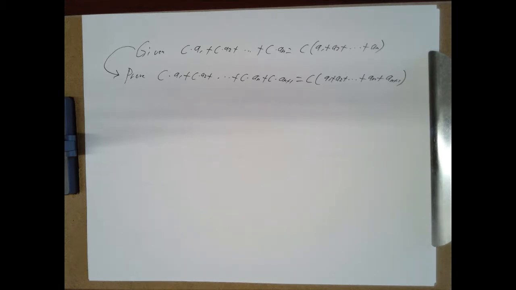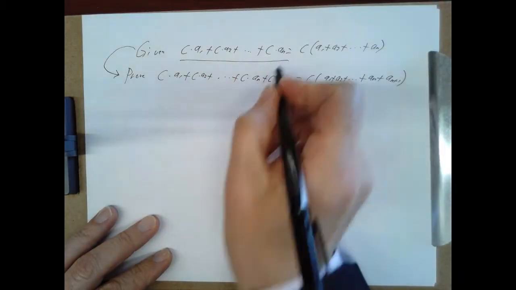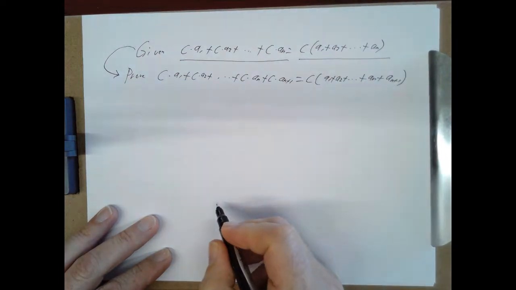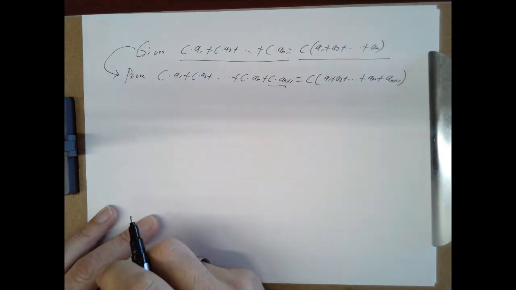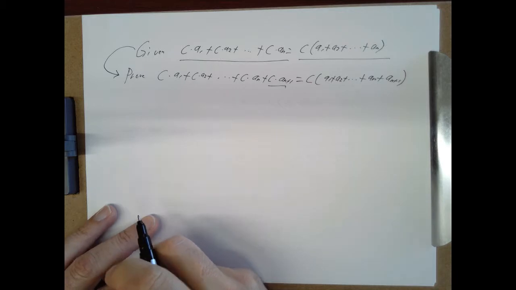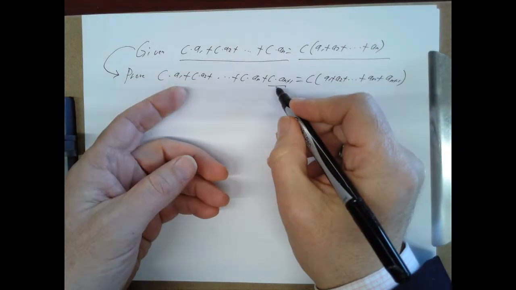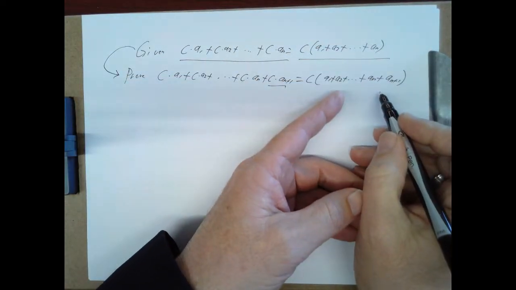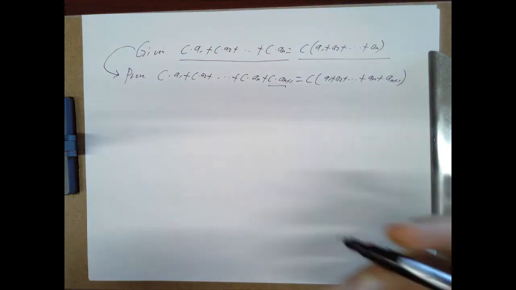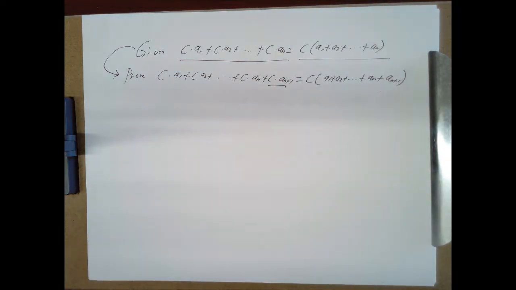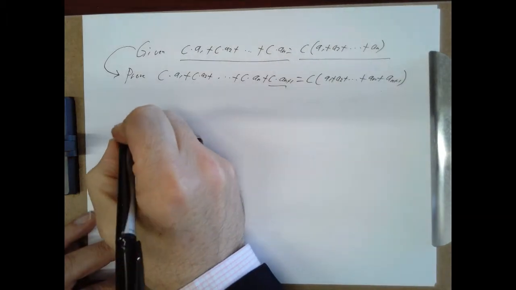And the basic idea is we know this is equal to this. So let's just add c times a sub n plus 1 to both sides, right? That'll make this look like this. It's not going to make this look like this, okay? But generally, you write down what you're trying to get to, and then you try to take what you know and turn it into at least some part of what you're trying to get to.